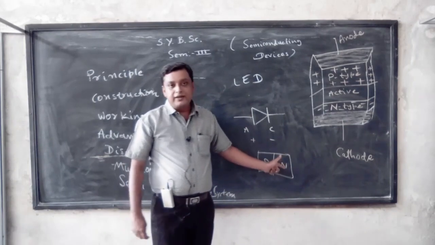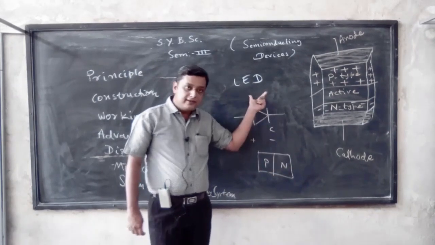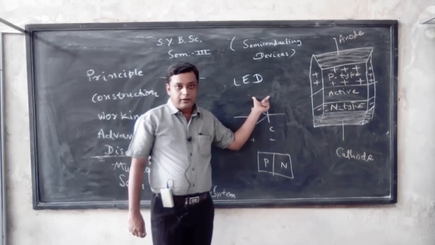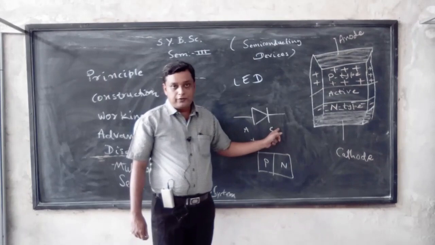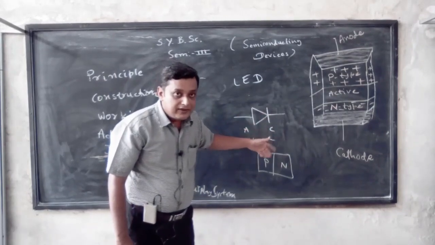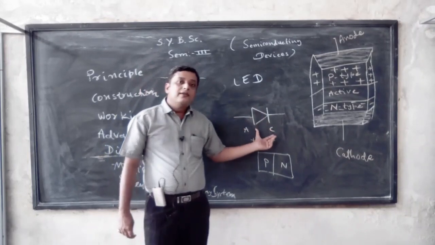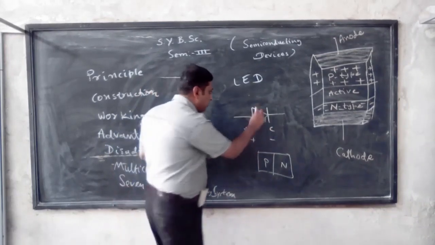But our question is not just a diode or semiconducting diode. Our question is light emitting diode. Means this diode is able to emit, to produce, to generate the light energy. So we should change the symbol from the symbol which was taken from the semiconducting diode.